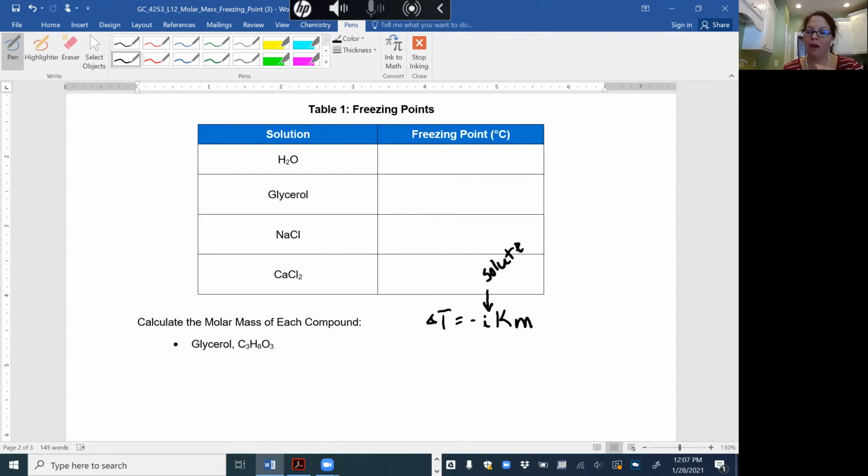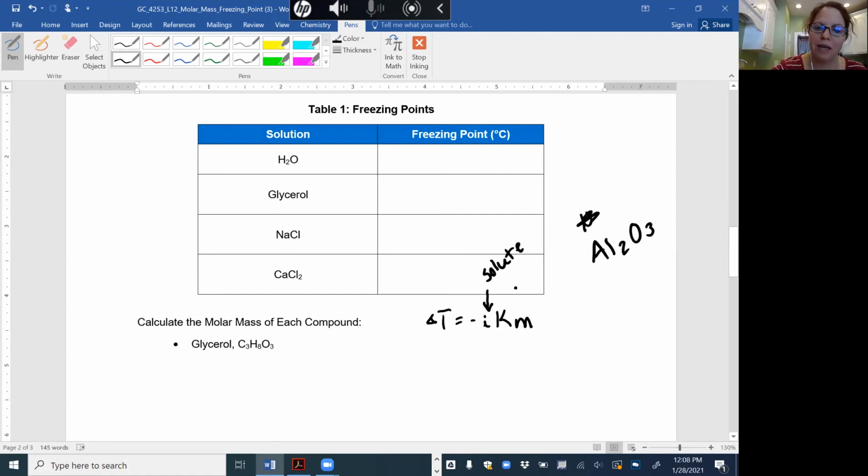If you have an ionic compound, it's going to break apart into its ions when it dissolves, and so your i value is the number of ions that it breaks apart into. I'm going to do a random example like Al2O3. When that breaks apart, it's going to break apart into 2 aluminum ions and 3 oxygen ions. So that's a total of 5. Okay, so that would be your i value for that.